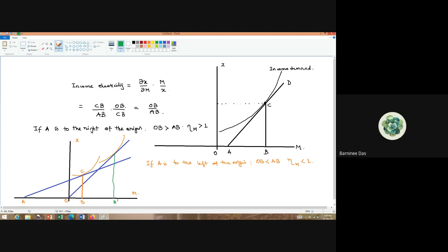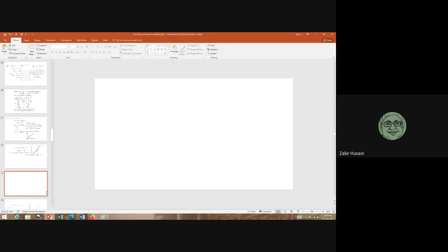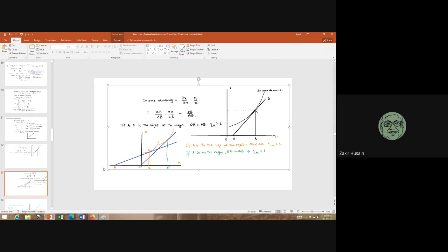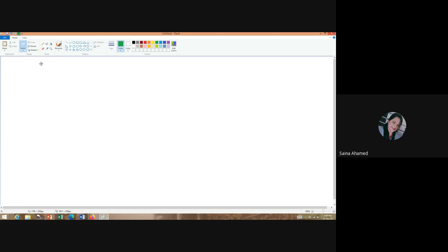Here income elasticity will be equal to 1 because here A is on the origin. So OB is equal to AB, which implies that income elasticity is equal to 1. Okay, is this clear, everyone? Yes, sir. Okay.